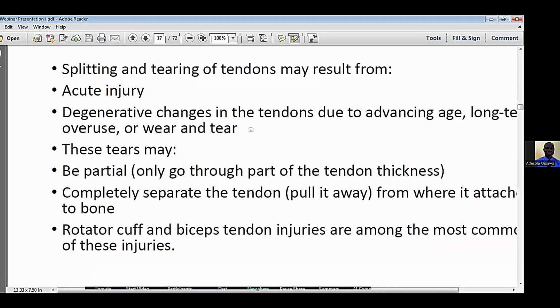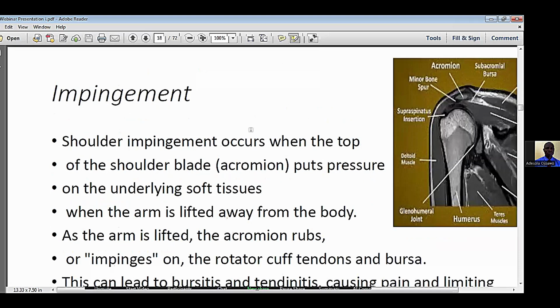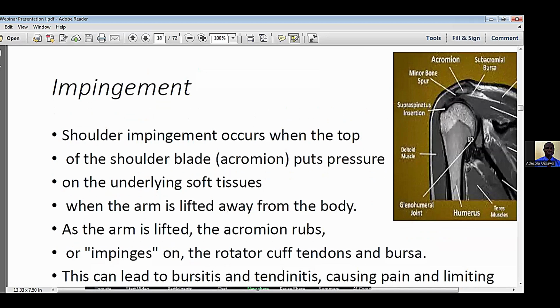Then there can be impingement. I try to put a picture here, or when you talk about the spine, there can be orthopedic conditions, like a bony spur. Right? The calcaneus as well, there can be a bony spur. That can result in possibly pain at the heel.